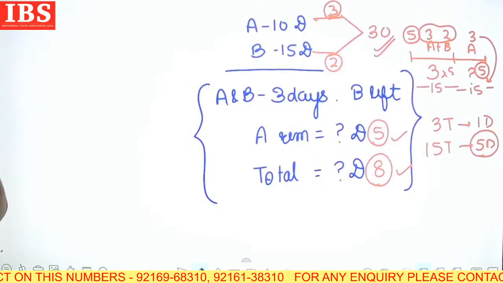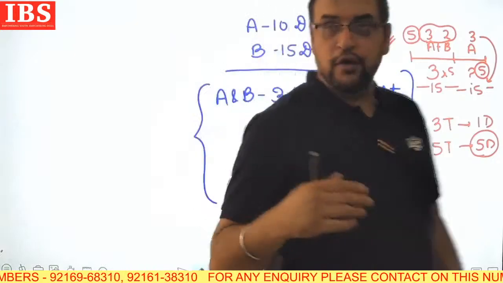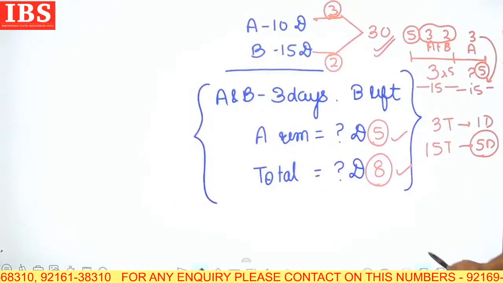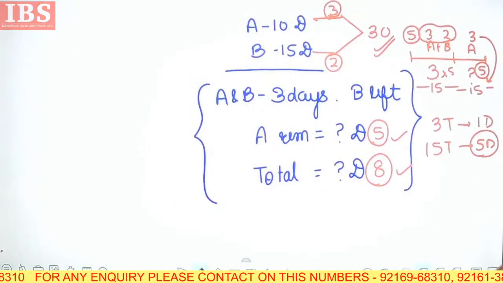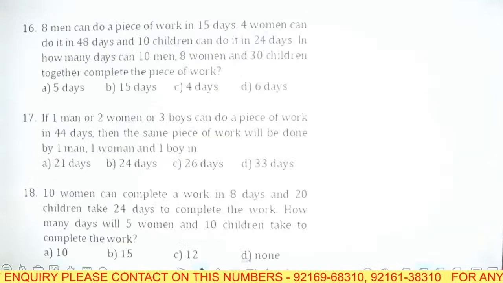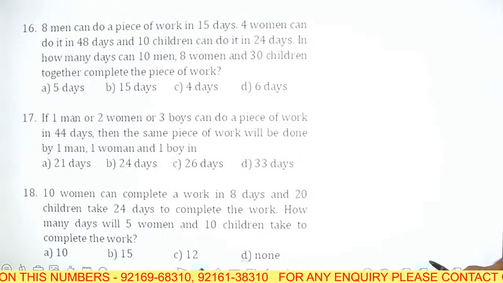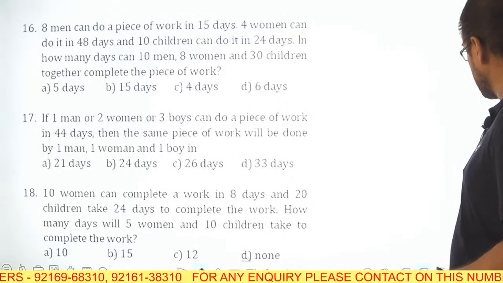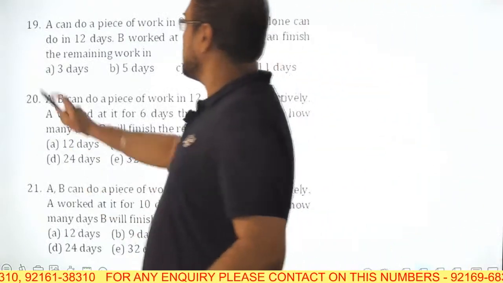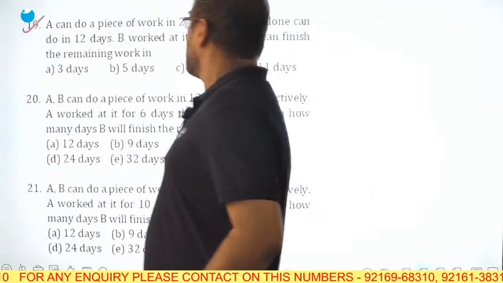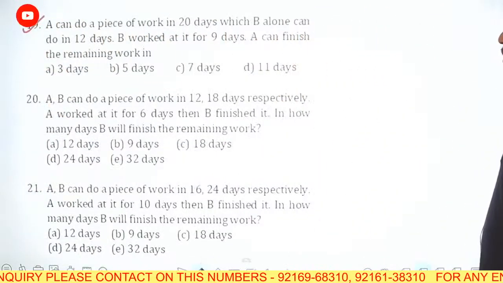Okay, so I'll make you practice a few of the questions from your assignment book itself. So let us see a few questions based on these. Let's see this question now. The first question that is coming onto your computer screen is question number 19. A can do a piece of work in 20 days.